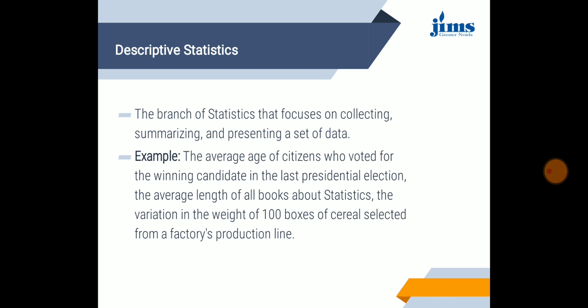In that case, if we want to study the variation in the weights of cereal boxes in the production line, we can also use statistics to come up with a certain type of solution.